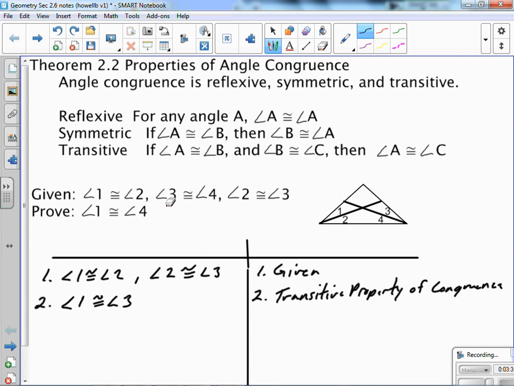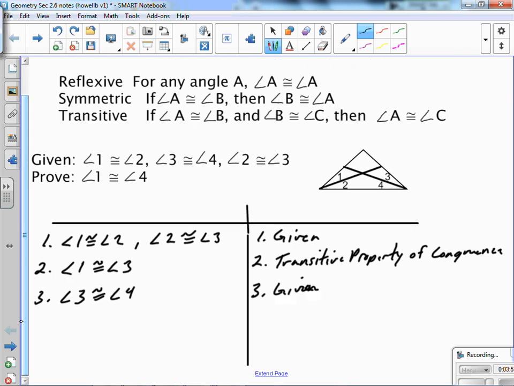Fortunately, we've got another piece of given information we haven't used yet. It says that angle 3 is congruent to angle 4, which is given. And then if we look at it, once again, we've got 1 is congruent to 3, 3 is congruent to 4. So we have 1 and 4 both being congruent to angle 3.